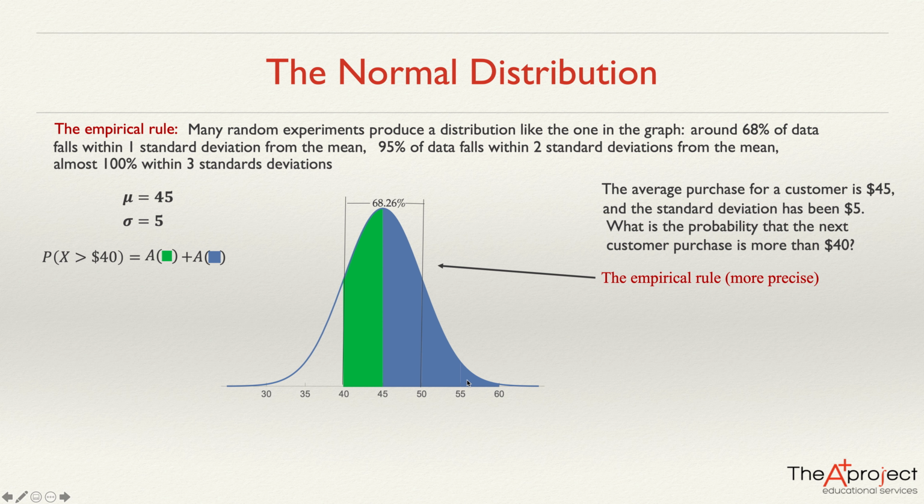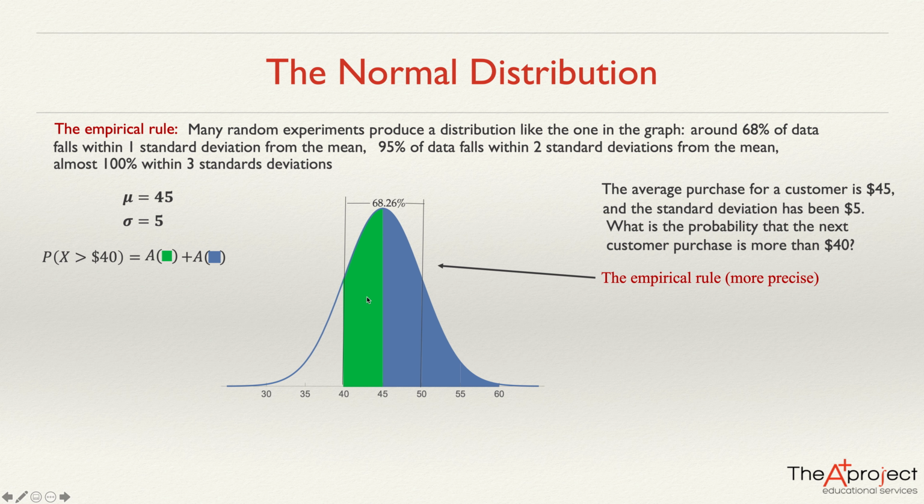And I know that the gray area is half of the whole area. So this gray area is actually 50%, or 0.50. And this green area is also easy to compute because I know that all this part here is 68.26.